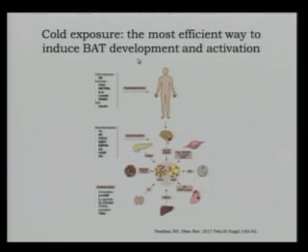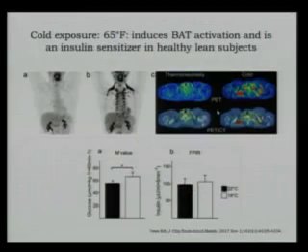And one of the mechanisms is exercise. And there are several other hormones and molecules being studied to see what could efficiently activate brown adipose tissue to increase energy expenditure with the least side effects.